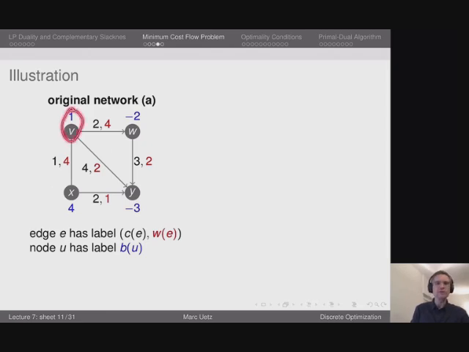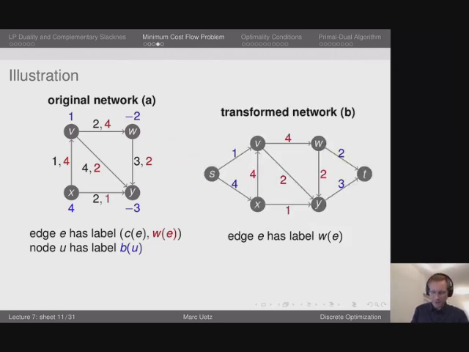Instead of having a production node here of 1 unit, I introduce a super source S, and there will be 1 unit of flow which is allowed to enter into V. Likewise, 4 units of flow are allowed to enter into X. And on the other side, I will have an outgoing edge on which I can transport these 2 units, which actually have to effectively arrive into W, and I let it flow out of W into some target T.